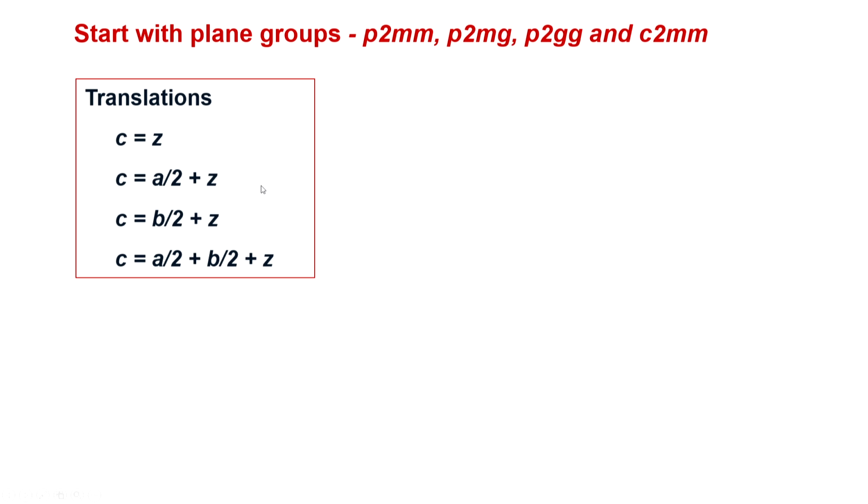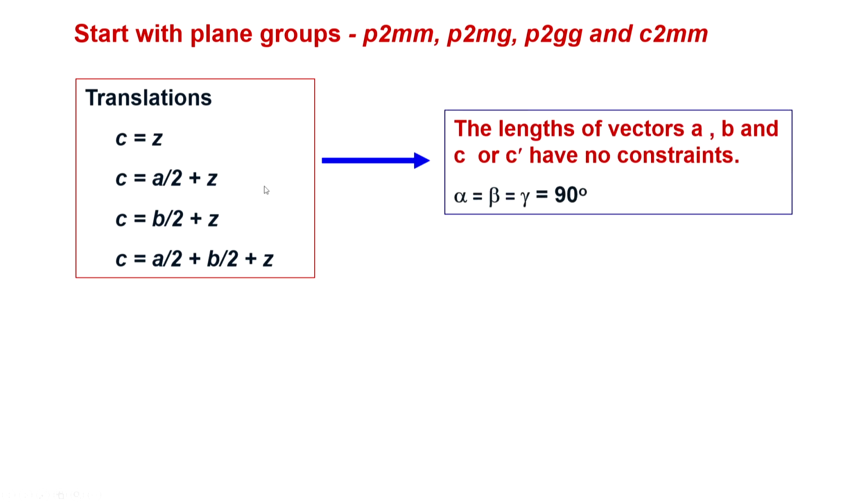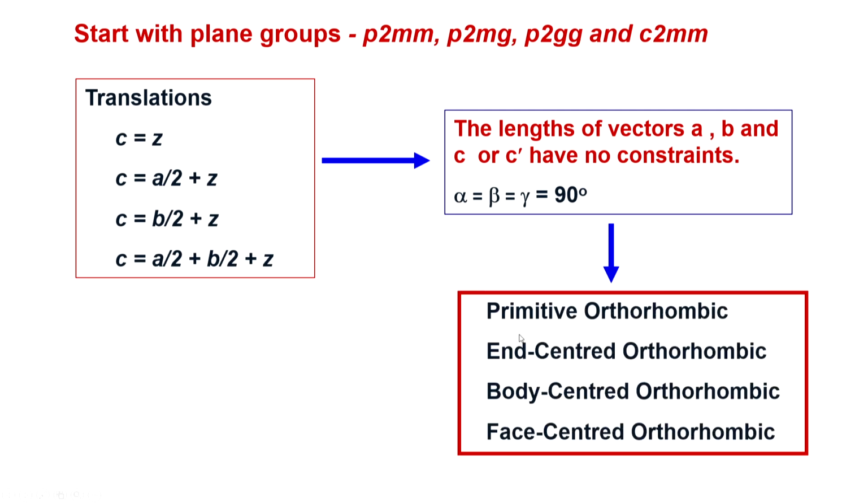I am not going to go through all of these, except that it would be instructive if you go through it yourself, draw such diagrams to show that we can obtain primitive orthorhombic unit cell, end centered orthorhombic unit cell, body centered orthorhombic unit cell and the face centered orthorhombic unit cell.